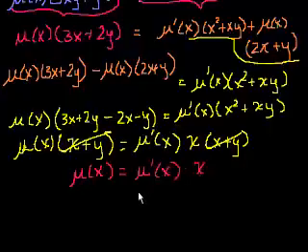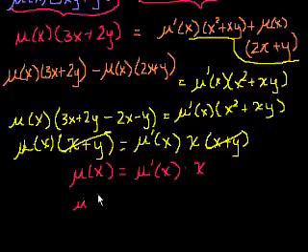And now, for just the way my brain works, I like to rewrite this expression in operator form, where instead of writing mu prime of x, we could write that as d mu dx. So let's do that. We could write mu of x is equal to the derivative of mu with respect to x, times x.